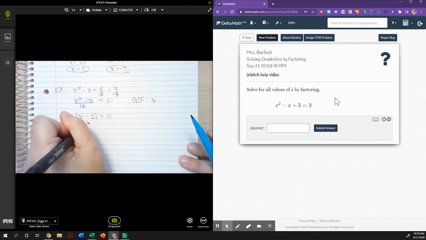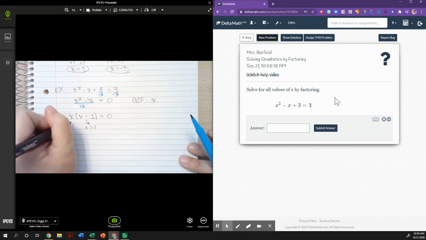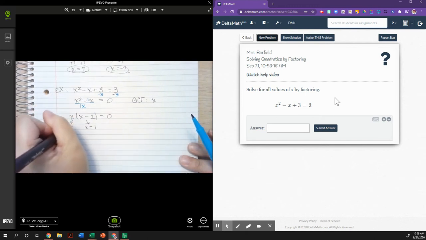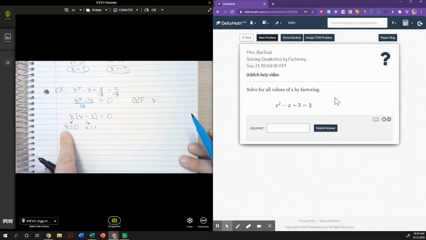My first answer is x equals 1 because I know the opposite of negative 1. But what about my x that's all alone? The process says to set each factor equal to 0. If I take x and set it equal to 0, there's my other answer. So one of my answers is in fact 0, and my other answer is 1.